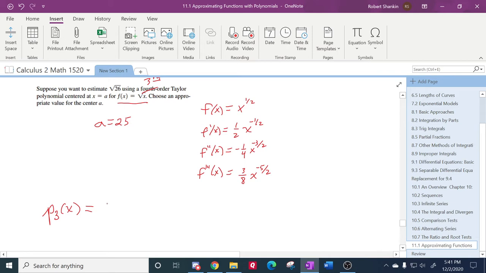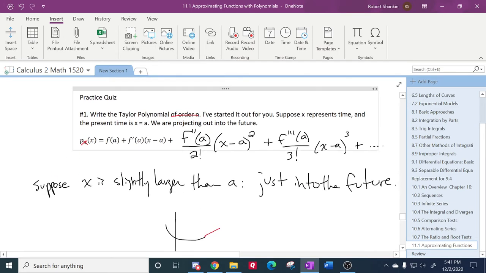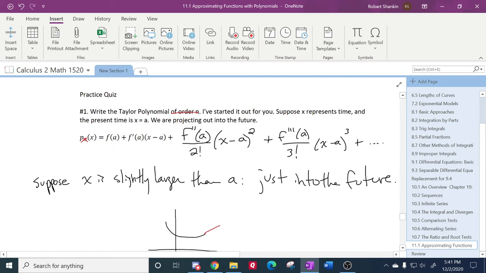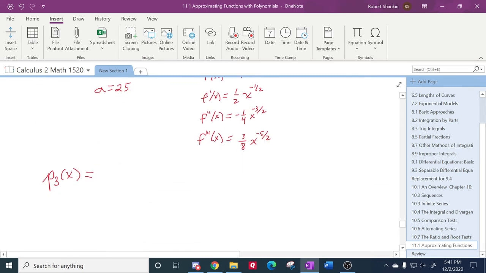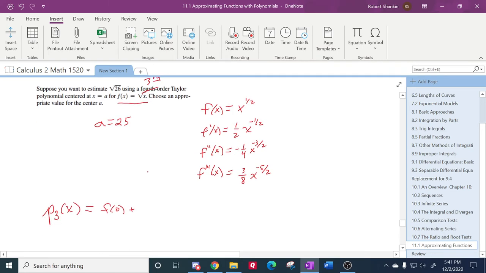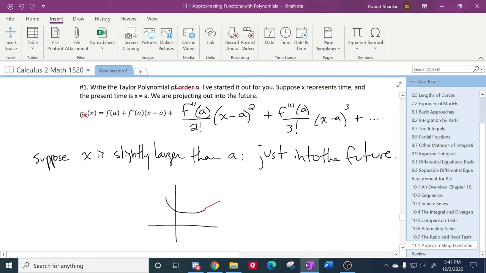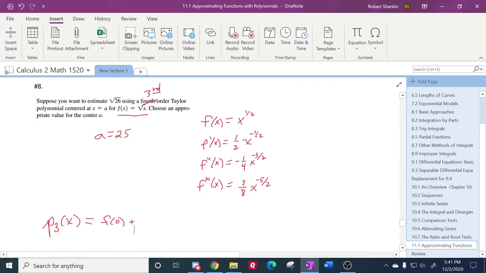If it was centered at 0, it would be f of 0 plus, and come back up here and look at this, f prime at 0 times x minus 0.